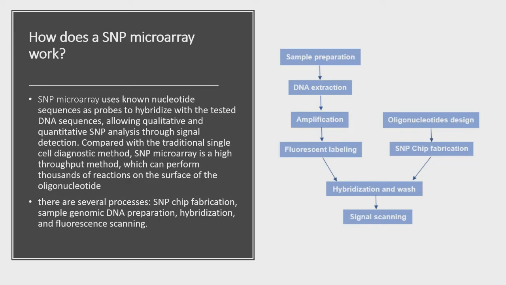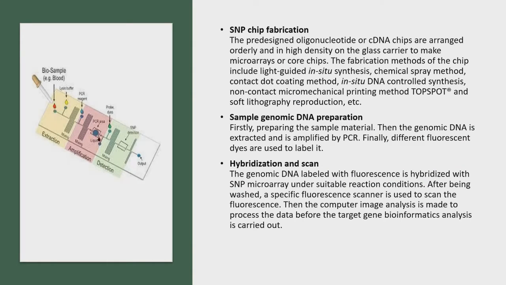There are general processes in an SNP microarray, such as SNP chip fabrication, sample genomic DNA preparation, hybridization, fluorescence scanning, and signal scanning. So, SNP chip fabrication. The prescribed oligonucleotide or cDNA chips are arranged orderly in high density on a glass carrier to make microarrays cheaper.